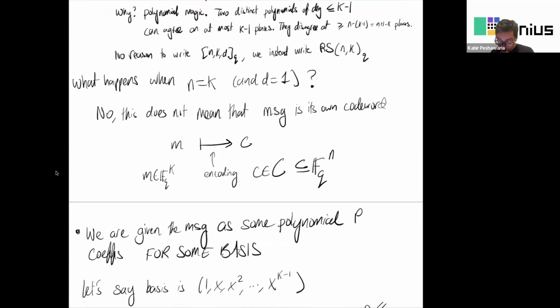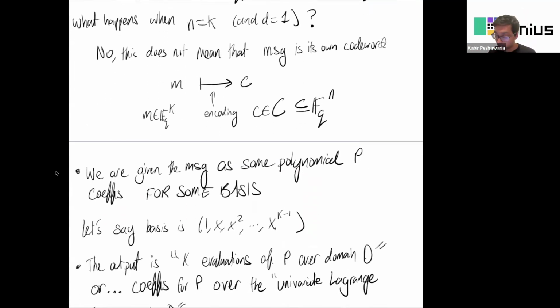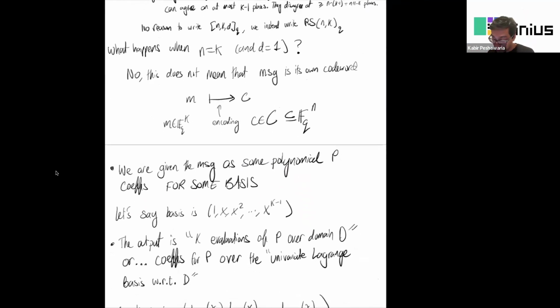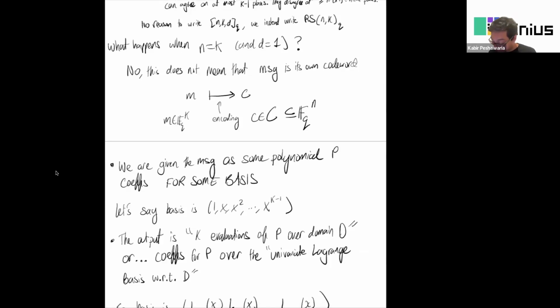We're given the message, and we can interpret it as polynomial coefficients for some basis. And our encoding can be such that for Reed-Solomon, we interpret it as some other basis, right? If our original basis was not a Lagrange basis over some domain, and our new basis for which Reed-Solomon is defined is not also a Lagrange basis for the exact same domain, then this encoding is not the identity map.